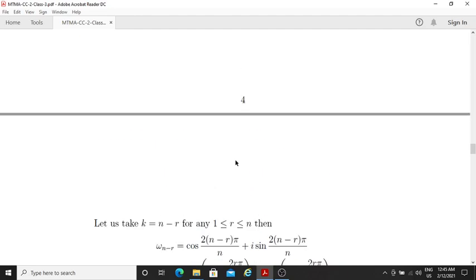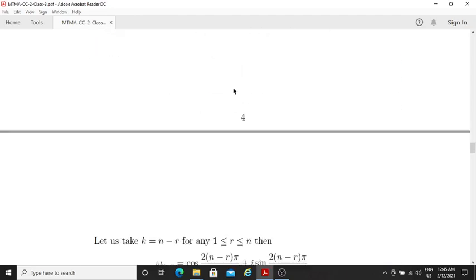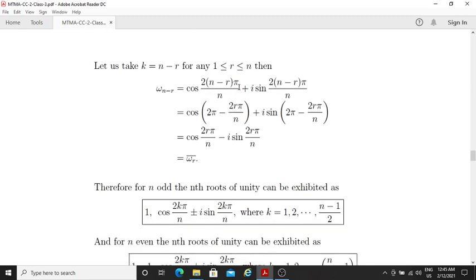How to get this? You just put the value of k to be n minus r, and a simple calculation will show you that the value turns out to be the conjugate of omega r.